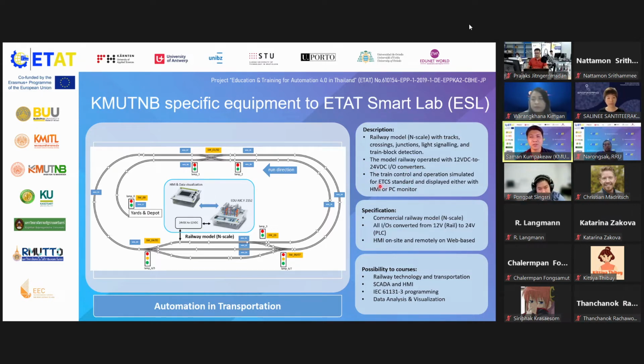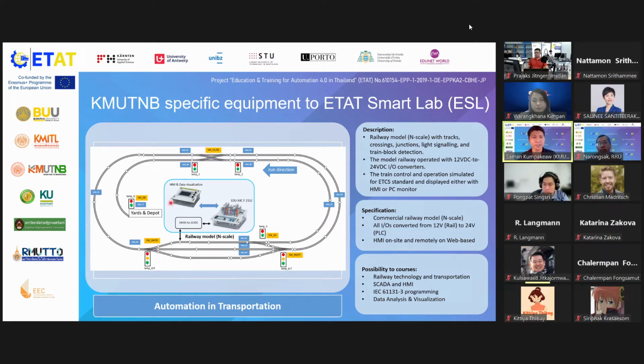And I will use the regulation of the ETCS, European Train Control System standard, to simulate this set. So the hardware would be the railway models in N scale, and PLC, and the HMI.